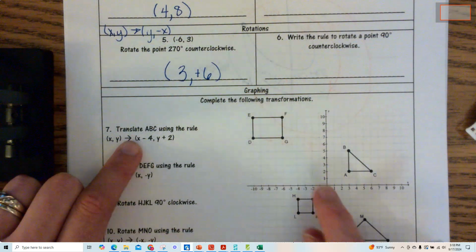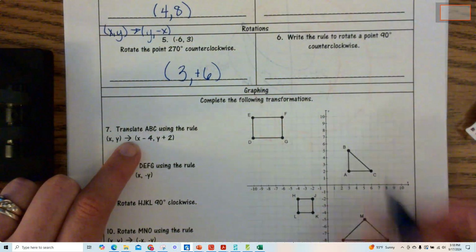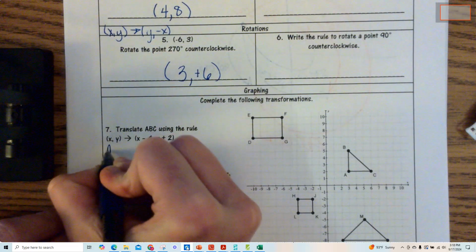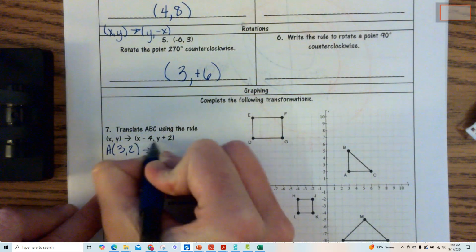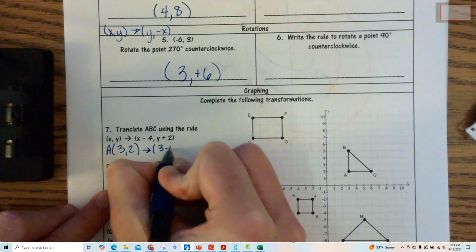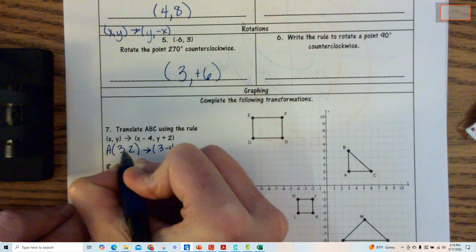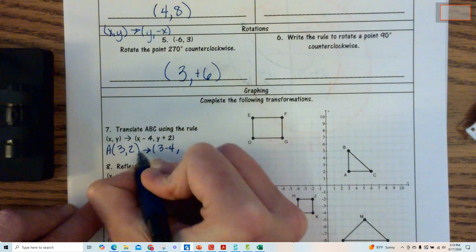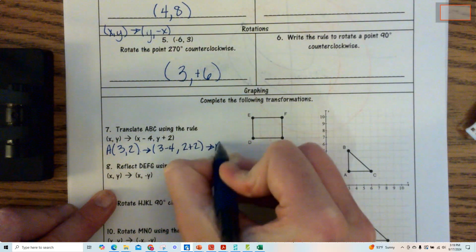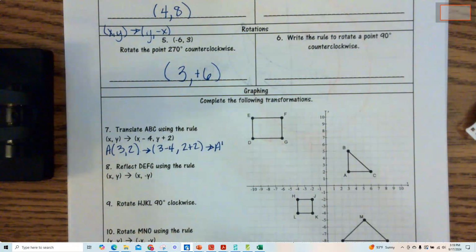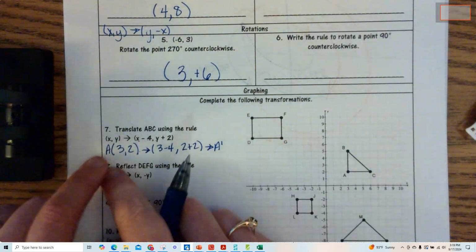Okay, you got 2 options here. So here's A. Point A is at 3, 2. So I could plug it into this little formula, into this rule. X, 3 minus 4. Y is 2, so 2 plus 2. And then A prime. So when we write a new ordered pair, it's not A anymore.